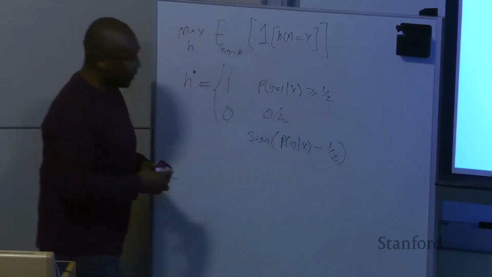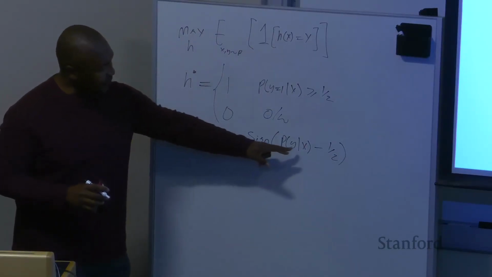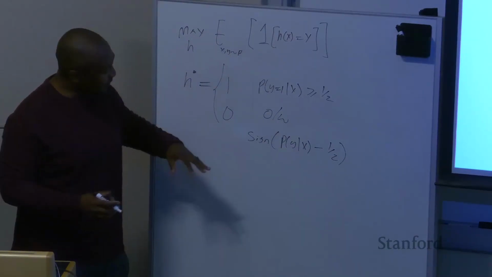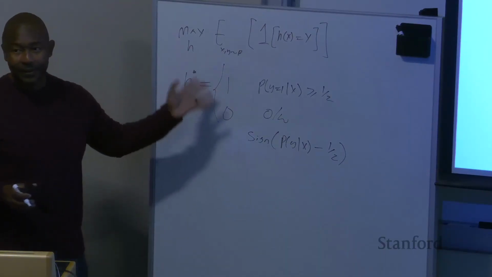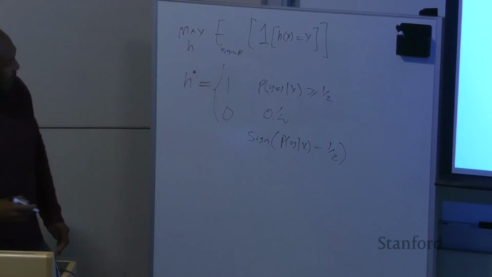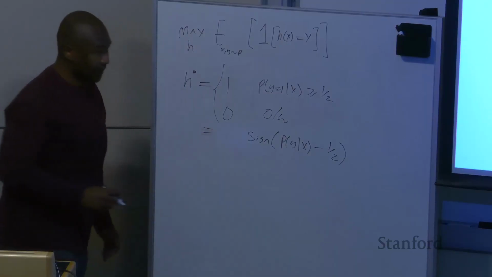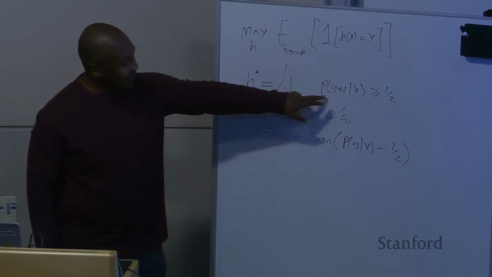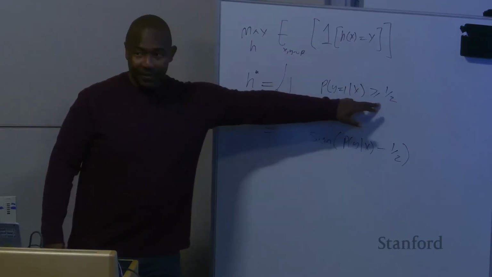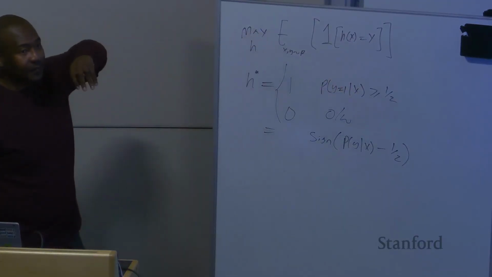This is the same thing. I subtract out a half, check if it's greater or less than the threshold. If it's positive, I pick 1, otherwise I pick 0, or negative 1, which is the same thing. Okay, so you might have seen this. This is somewhere logistic regression semantics come from. The idea is that we hope logistic regression gets us this, and then we can threshold it appropriately and get a good classifier.